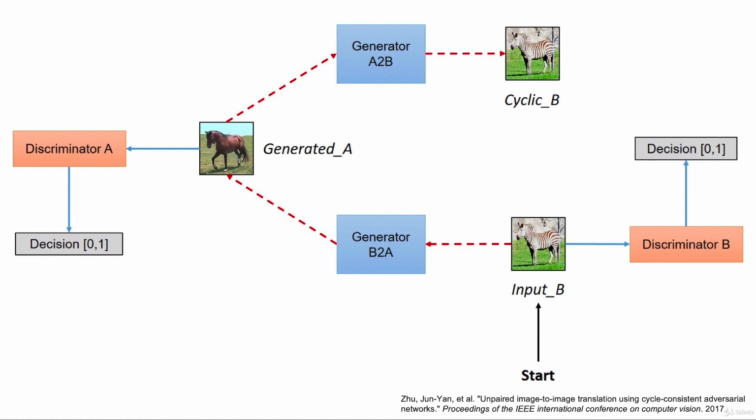Then image B becomes an input for the generator B to A, which transforms it into a horse. Discriminator A decides whether it is a horse or a zebra. After that, image A again transforms to an image B with the generator A to B.